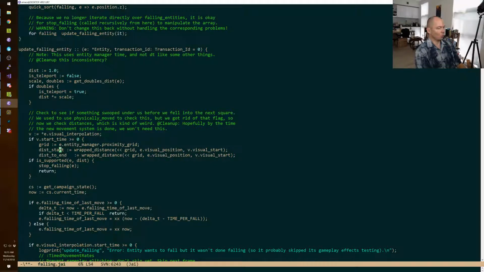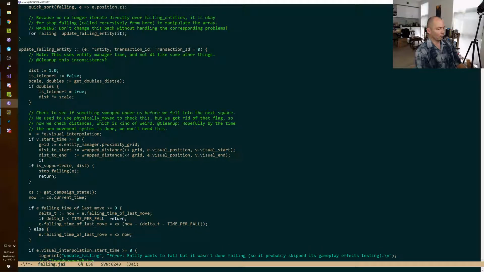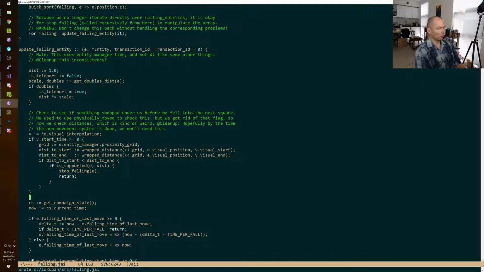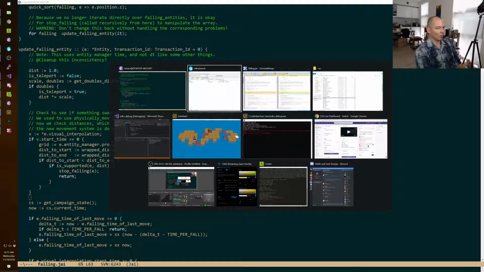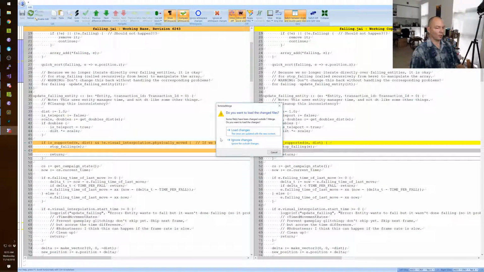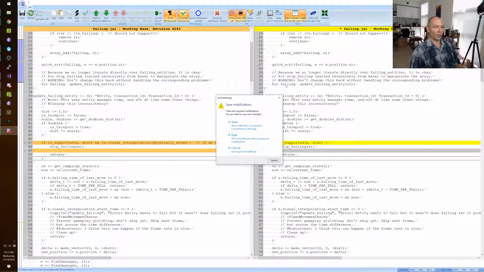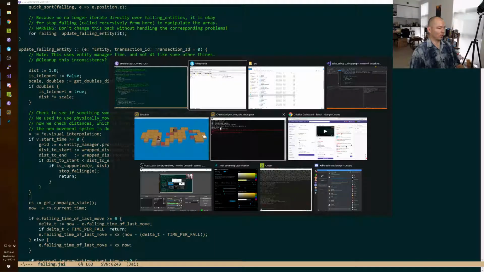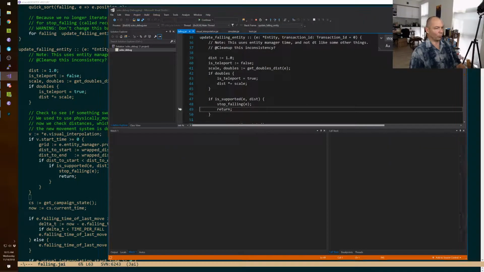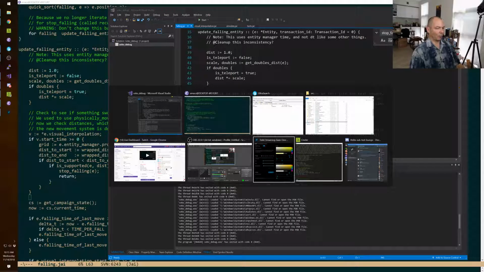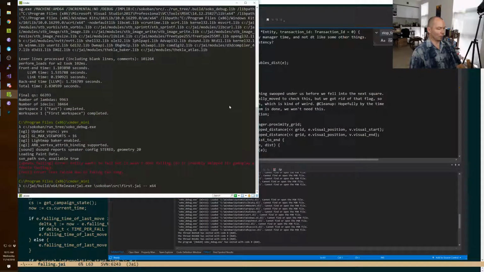Let's say 2. Let's make it real clear. That's not really the kind of check I want to be doing in the middle of falling, but you know, we're preserving the old functionality, and someday we will replace that.